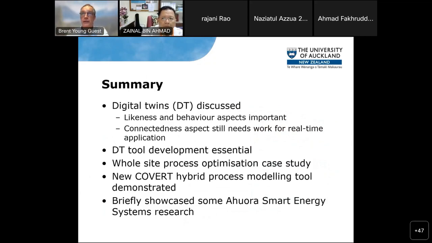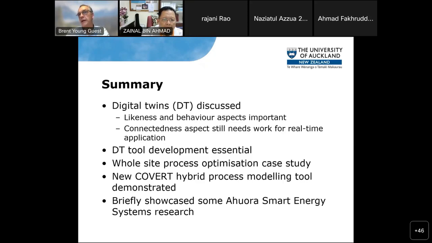I've talked about digital twins and process control from the broader perspective. I would like to particularly highlight the likeness and behavior aspects being important in digital twins, and also connectedness, and that probably still needs work for us. Development of digital twin tools is really going to be essential for this technology to actually blossom and get over that hype curve.